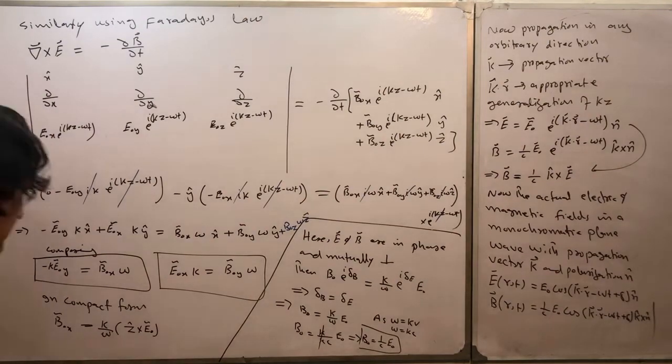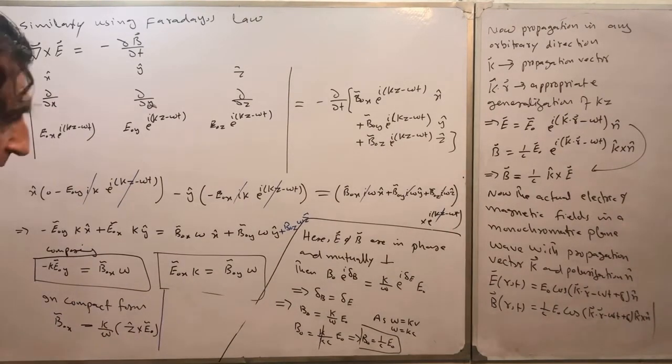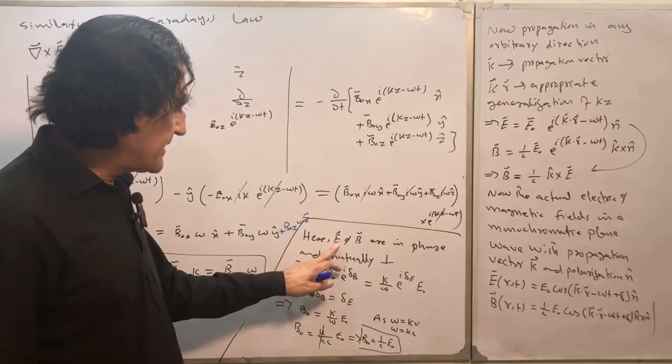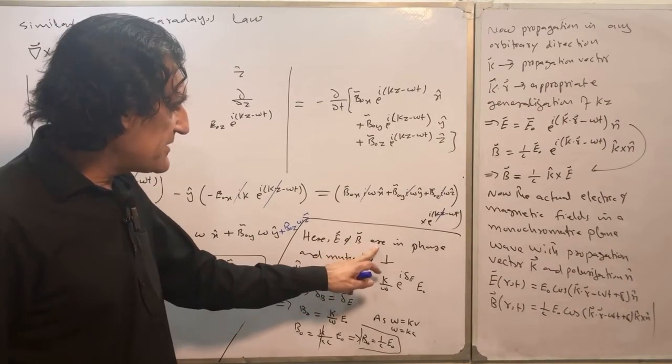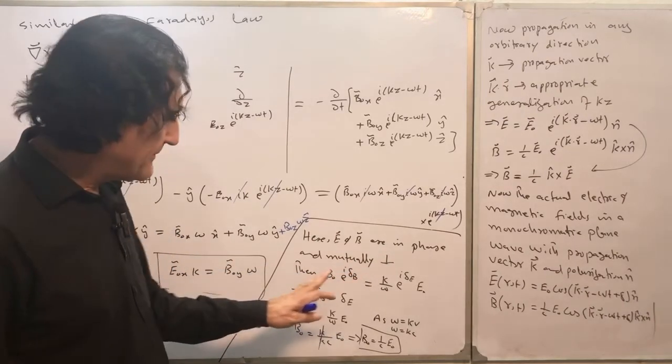How is this possible? B naught, which is equal to k divided by omega, I have written this in a compact form, z cross E naught. Here, the electric field and magnetic field are in phase and mutually perpendicular.